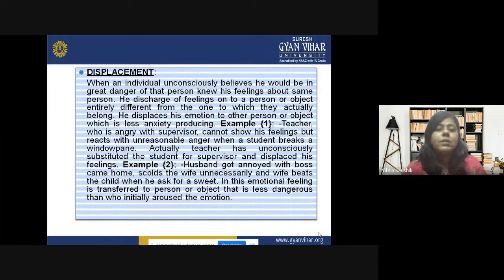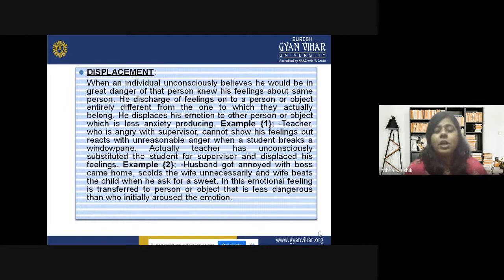Now, displacement. When an individual unconsciously believes he would be in great danger if that person knew his feelings about them, he discharges those feelings onto a person or object entirely different from the one to which they actually belong.